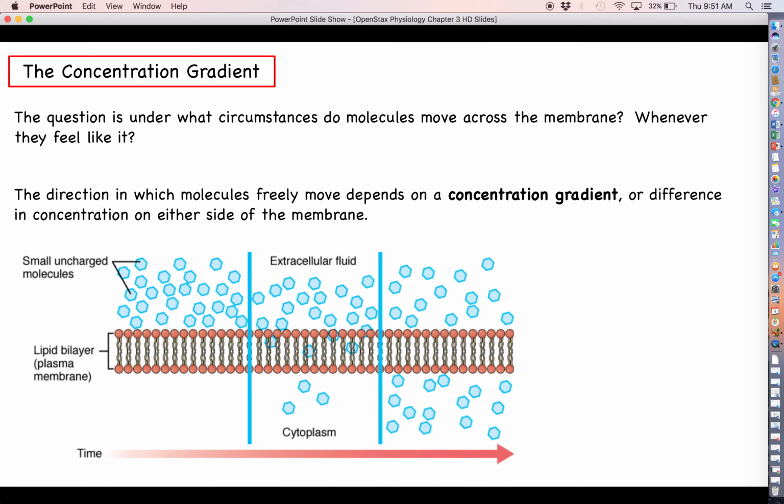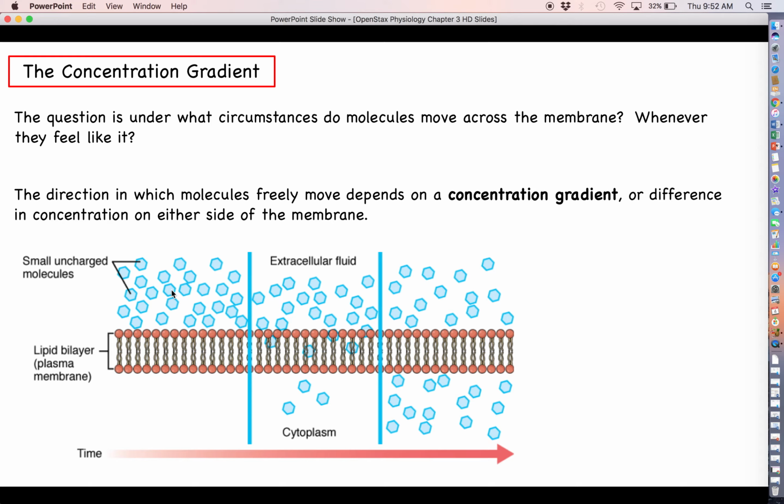Well, the direction in which molecules move, whether it's from ECF to ICF or ICF to ECF, is determined by something called a concentration gradient, or the difference in concentration of a particular solute on either side of the membrane. In this particular figure, our solute is this small, nonpolar, not electrically charged molecule in blue.